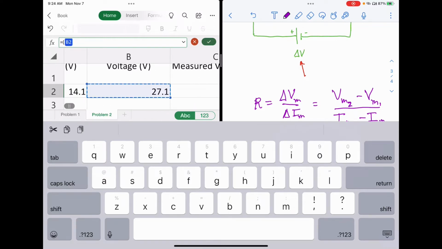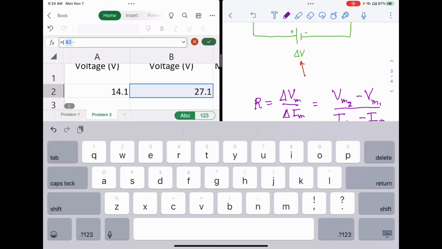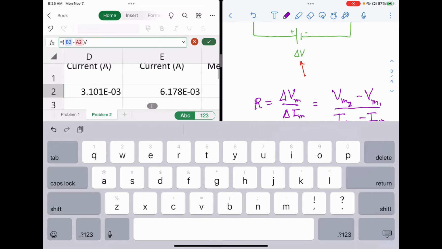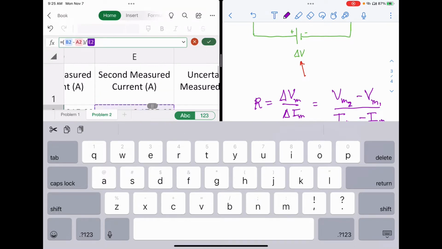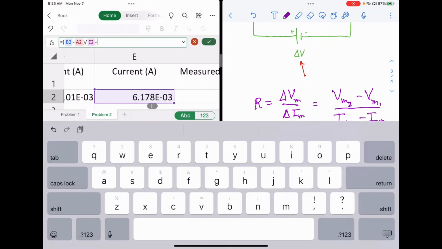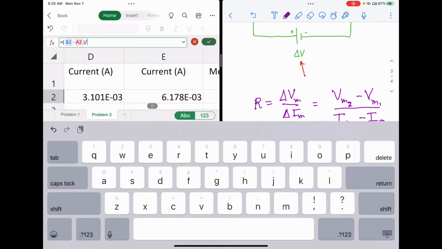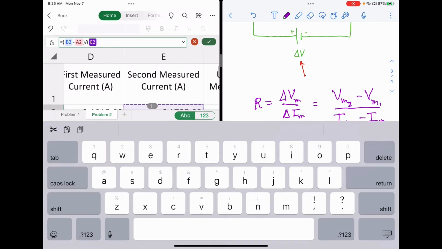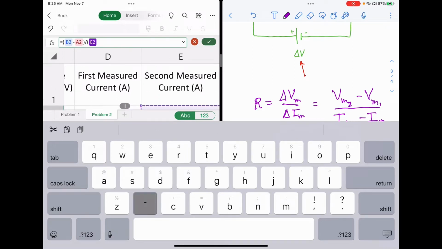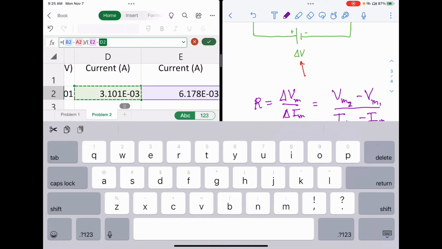So I'm going to have this, that's my second point, minus my first point, divided by my second current, minus, I didn't do that right. I need to put another parenthesis down at the bottom. So that's my second current minus my first current.